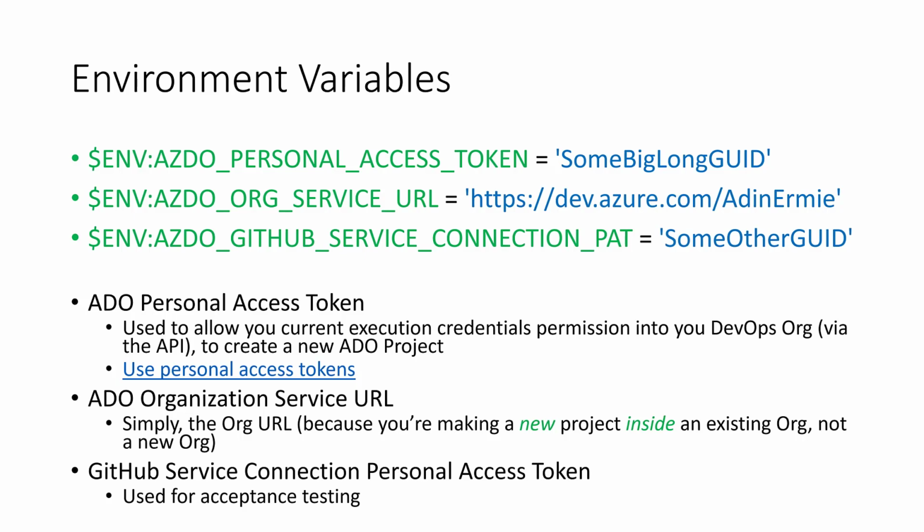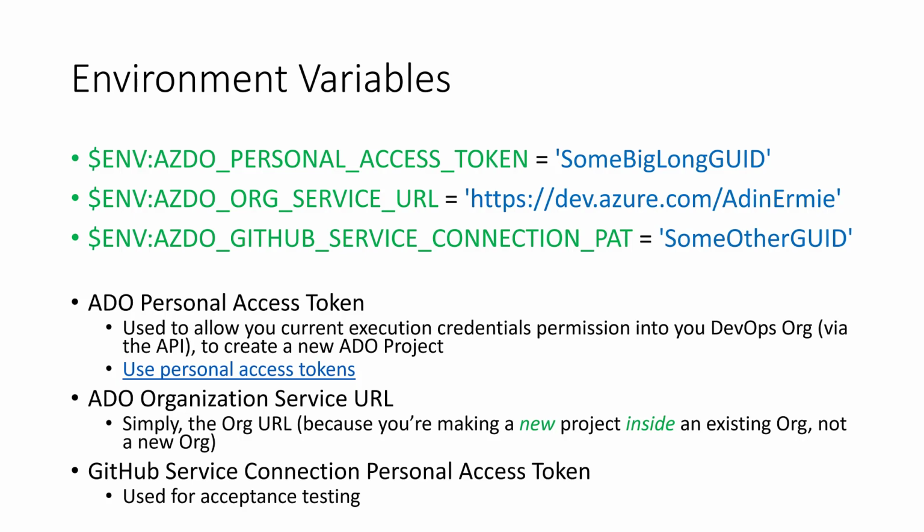So if you're going from the command line doing Terraform init and Terraform plan and apply, this allows those credentials to be able to go into your DevOps organization through the API and create a new Azure DevOps project. There's a link on this slide here about how to use this personal access token specific to Azure DevOps.